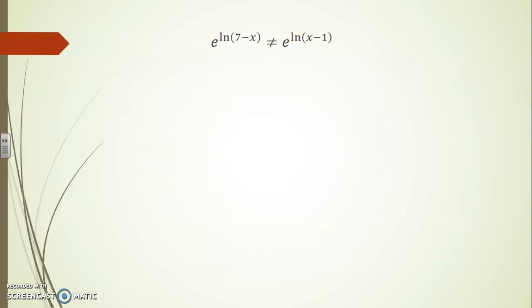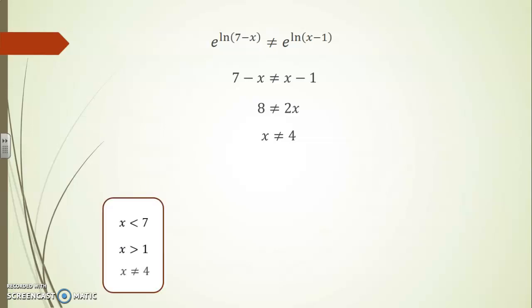And using base e as an exponent, as an exponential function to both sides, we will then realize that 7 minus x must not equal x minus 1. So the rest is just moving terms around, regrouping like terms, and finding the restriction that is imposed. So x cannot be 4, otherwise we would have a division by 0.